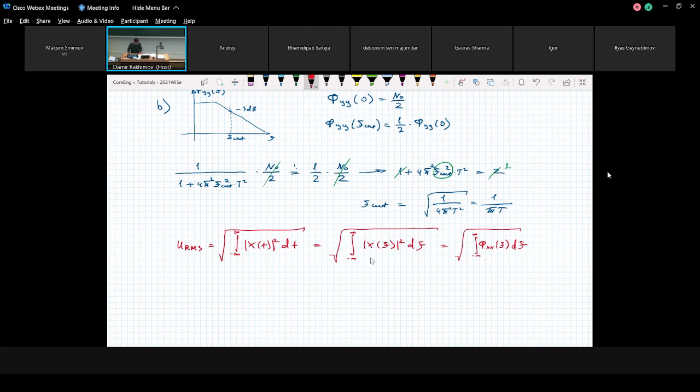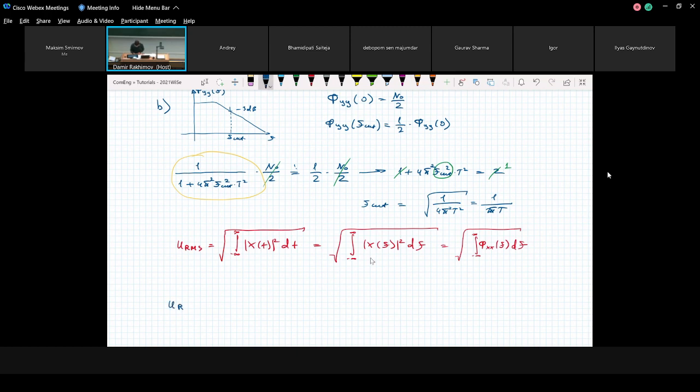It's not given in the task, but I give you a hint. We can calculate the integral of such a function that we have above, and the integral of such a function will be nothing else but arctangent. Let me show you.